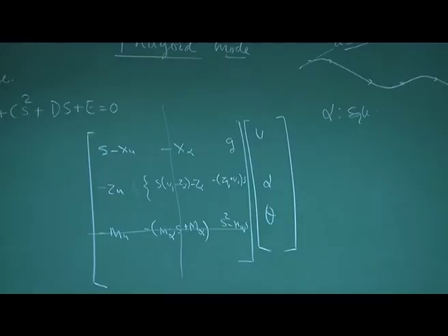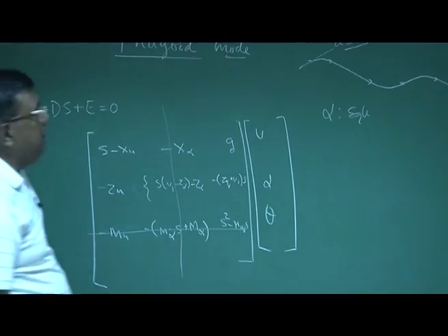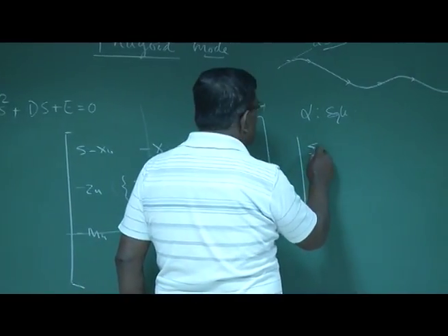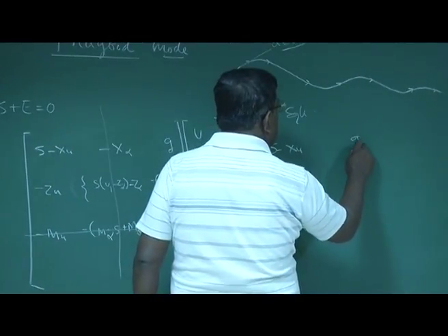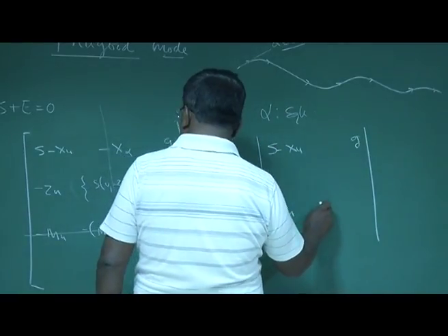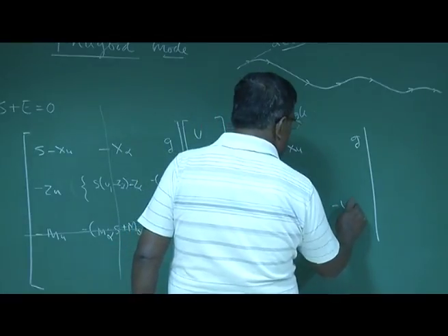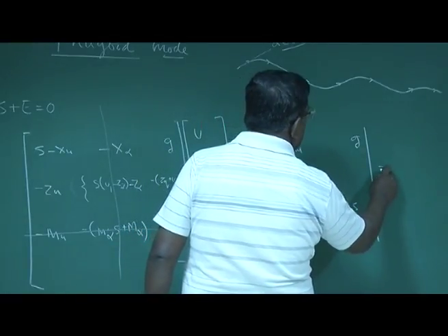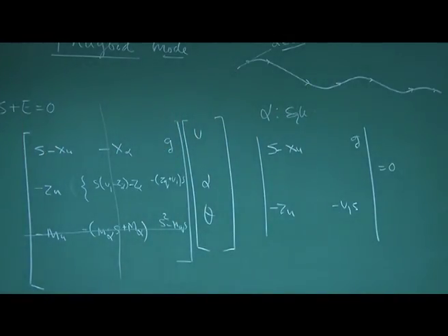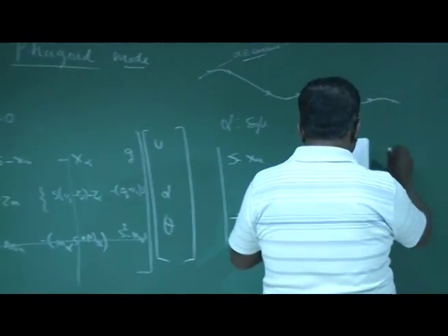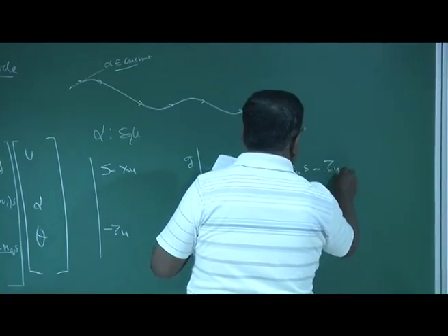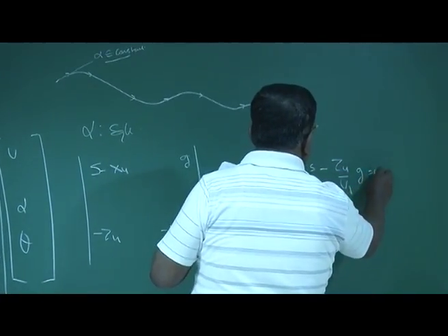That takes care of this approximation, because we are assuming that alpha remains constant, and that is how we get the determinant: s minus x_u, then g, and then here minus z_u, and this is minus u1 s, right? This is equal to 0. If this is equal to 0, then you get the characteristic equation s square minus x_u s minus z_u by u1 into g equal to 0.